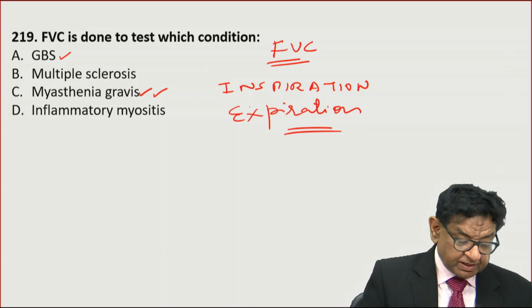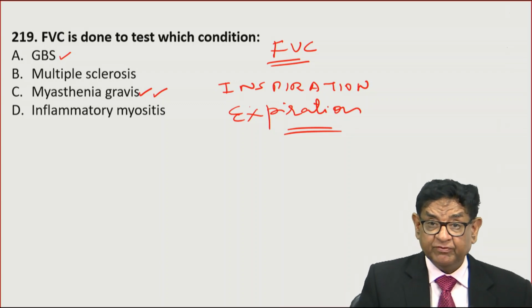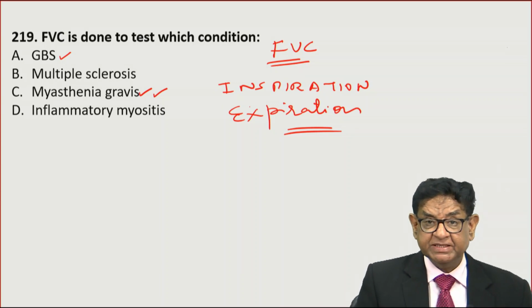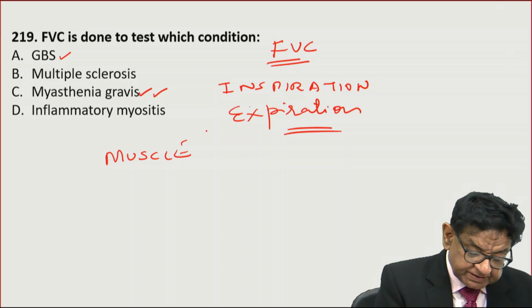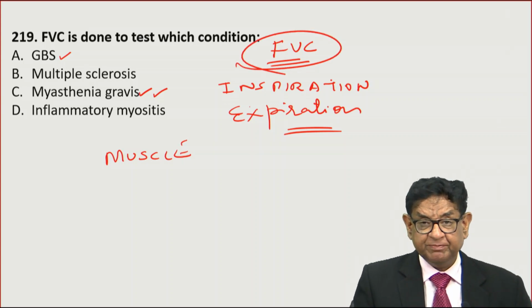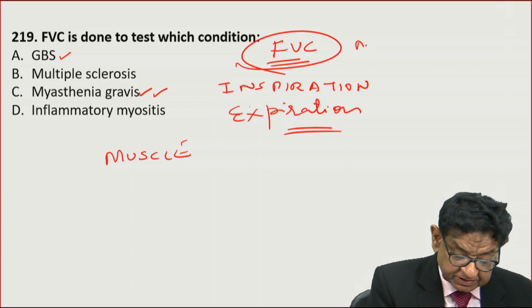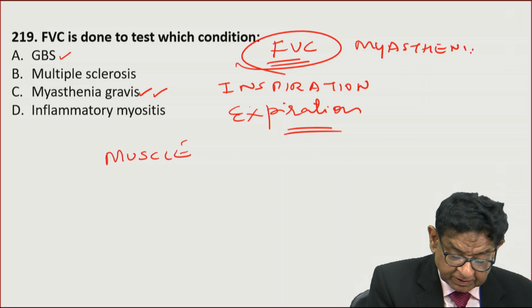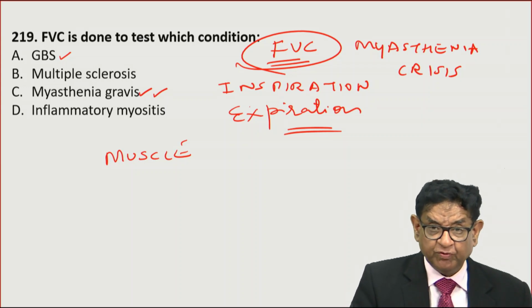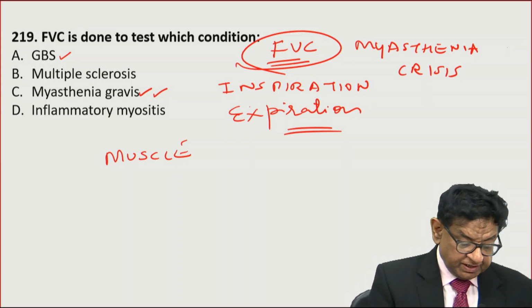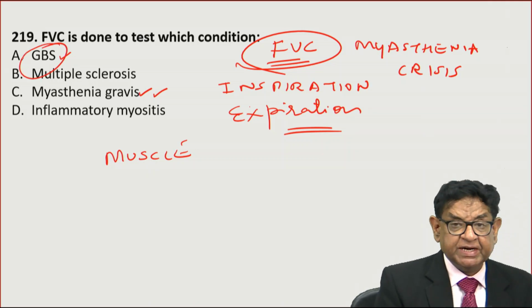We go for FVC. In myasthenia gravis, it's only muscle weakness, and FVC is especially useful in those cases where the patient has myasthenic crisis, or we want to follow up or assess the severity of the case. So we go for FVC, right? So what about Guillain-Barré syndrome?